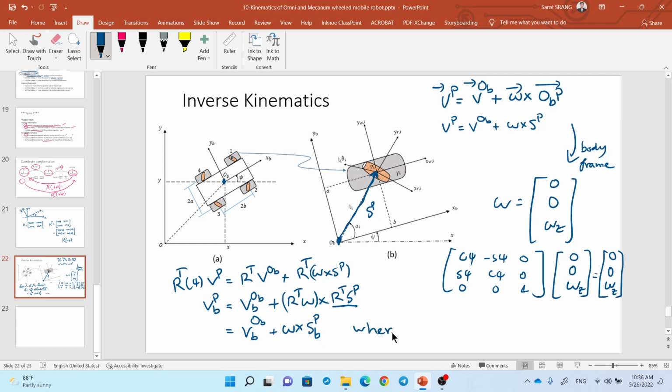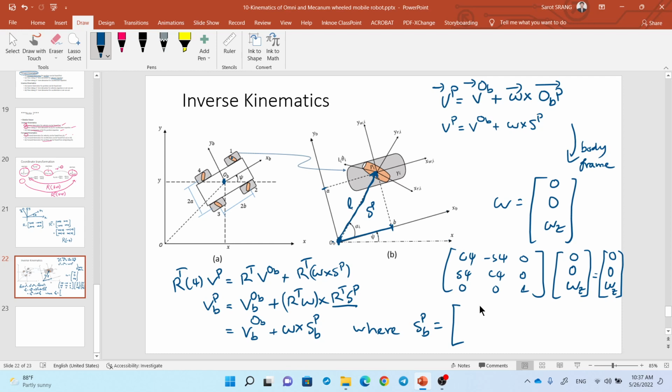Where S on the body frame equals what? If you know this length is L, actually for the robot you construct by yourself, you design by yourself, you know this length, you know this distance B, you know this A, and you choose this one as L, square root of A square plus B square.